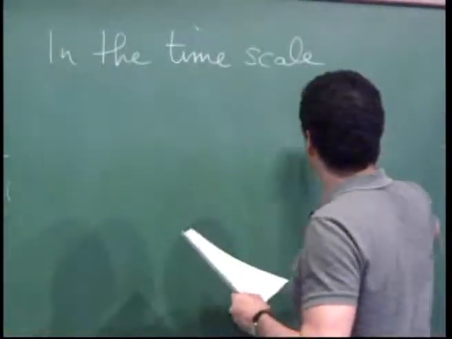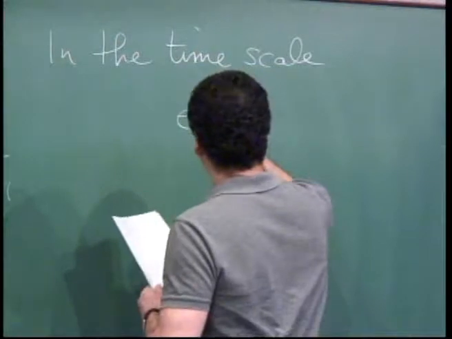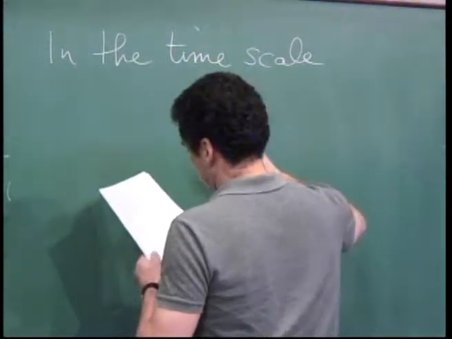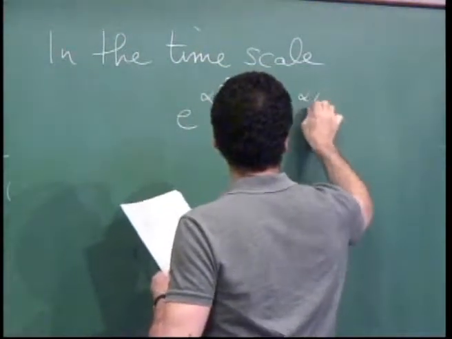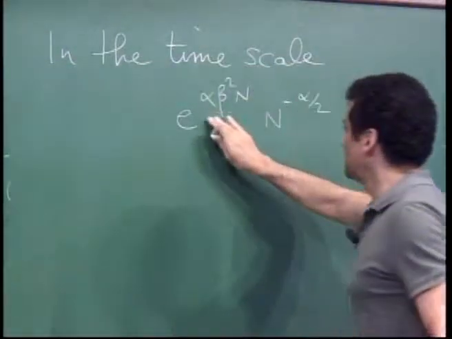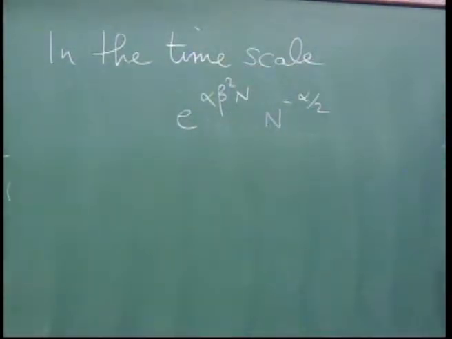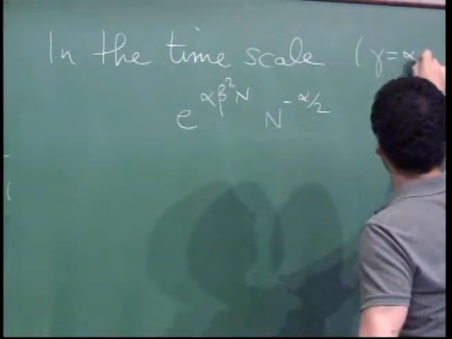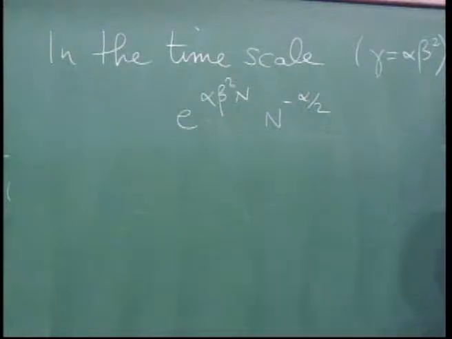In the time scale exponential alpha beta square n minus alpha over 2, this is subdominant. So I look at this time scale. So my gamma is alpha beta square, if you want, here. Remember, gamma is alpha beta square, because I want to choose here my gamma to be, okay, I didn't write it, but alpha is gamma over beta square in my theorem. So this is the right choice.